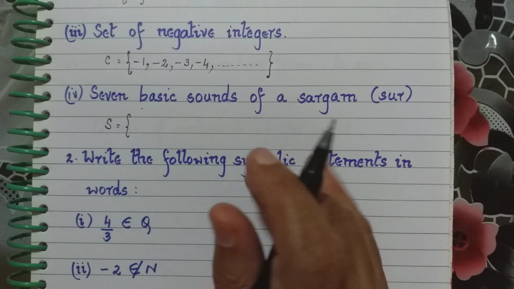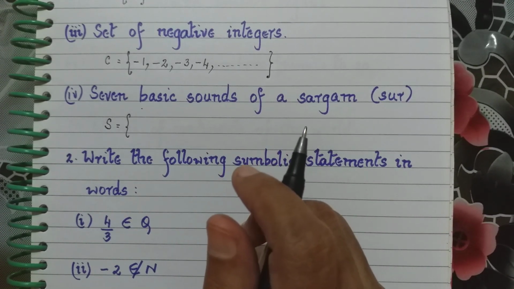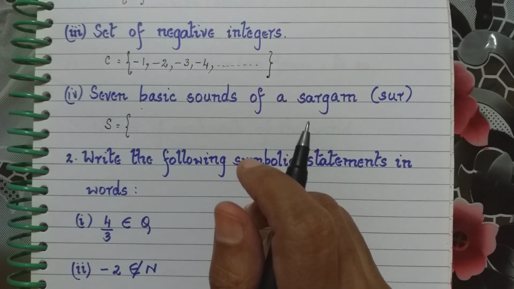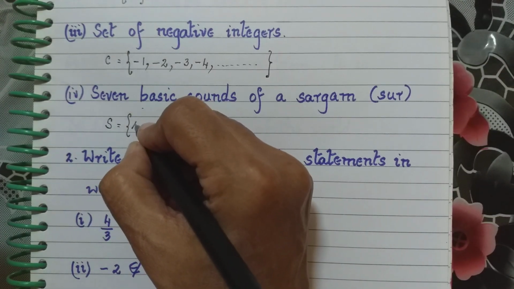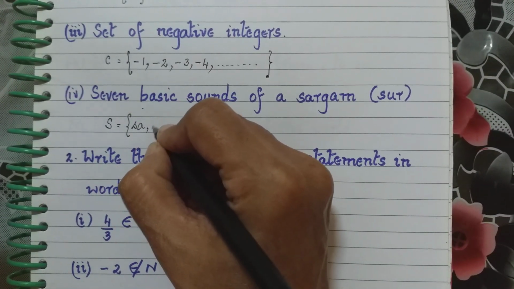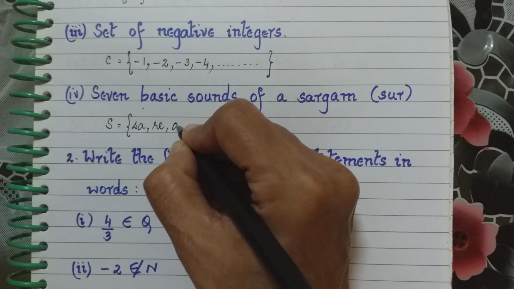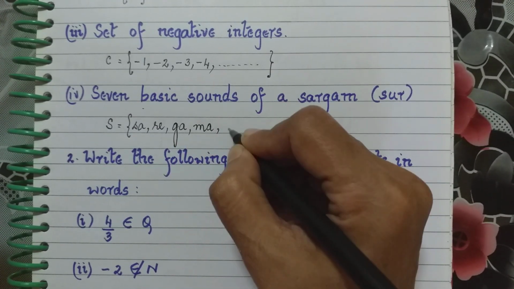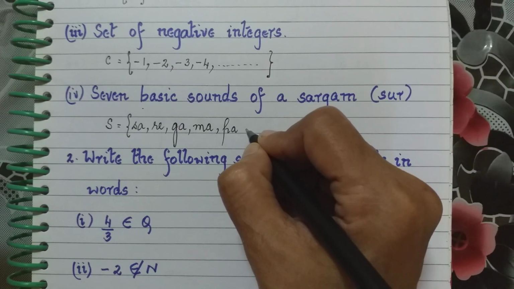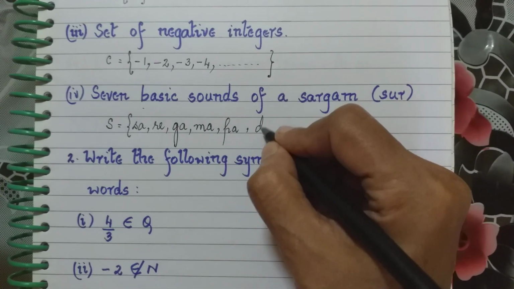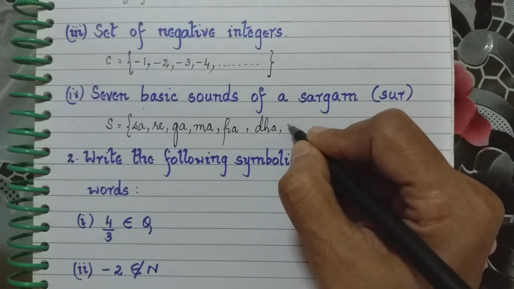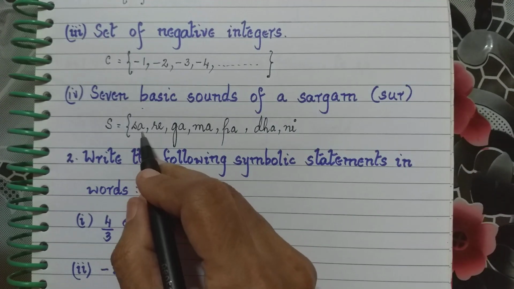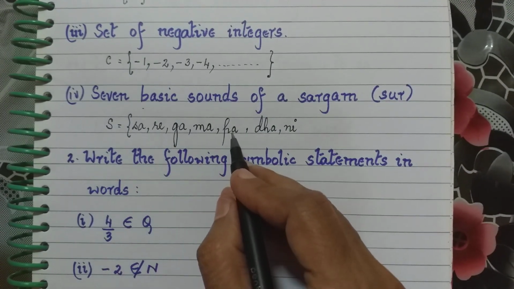Those who have learnt different instruments like violin or tabla, you will know it starts with sa, then re, ga, ma, pa, da and ni. So 1, 2, 3, 4, 5, 6, 7.